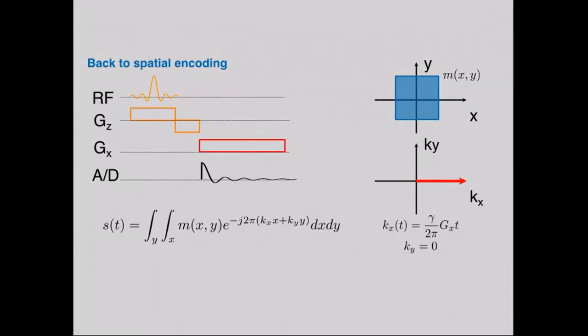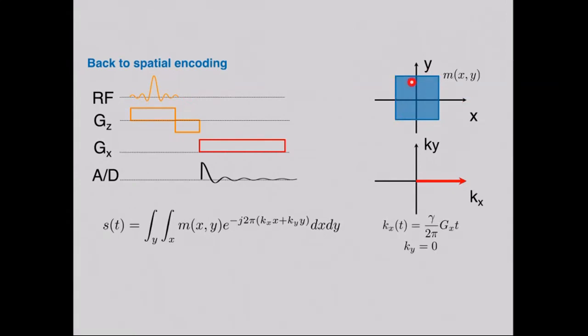So again, there's this part which performs the excitation. After I excite the magnetization, let's say I have an object that is pretty much a box. So it is uniform amplitude across a box covering X and Y, right?